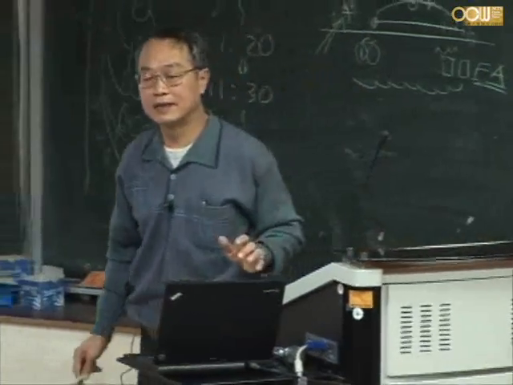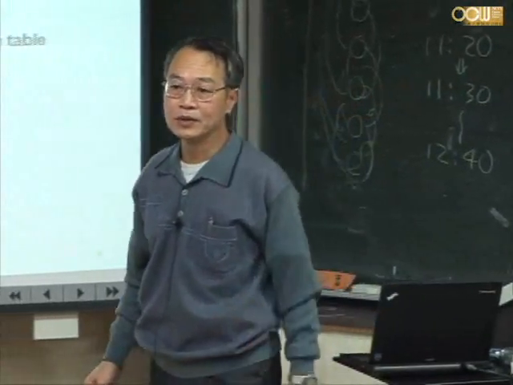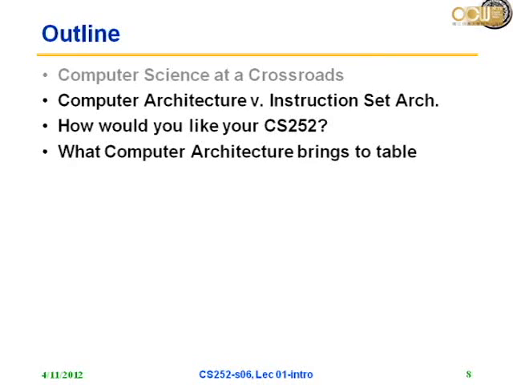Who uses your CPU? Who is the user of the CPU? The user always counts, customer always comes first, right? So who's the customer of our CPU? What? The OS? Not really.